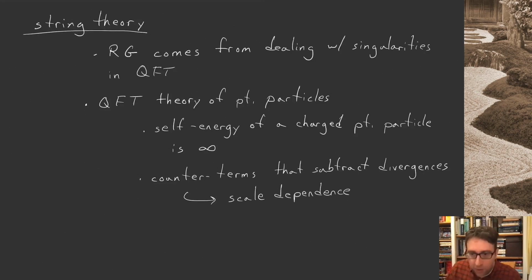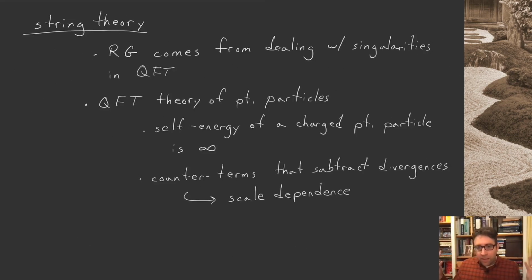And so you thought you had an electron that had a certain mass, but then you go through this renormalization group procedure and you discover, oh no, the mass actually depends on what energy scale I'm looking at, what kind of process I'm looking at. Whether I send in the electron with a very high energy or very low energy, it might have a different effective mass.